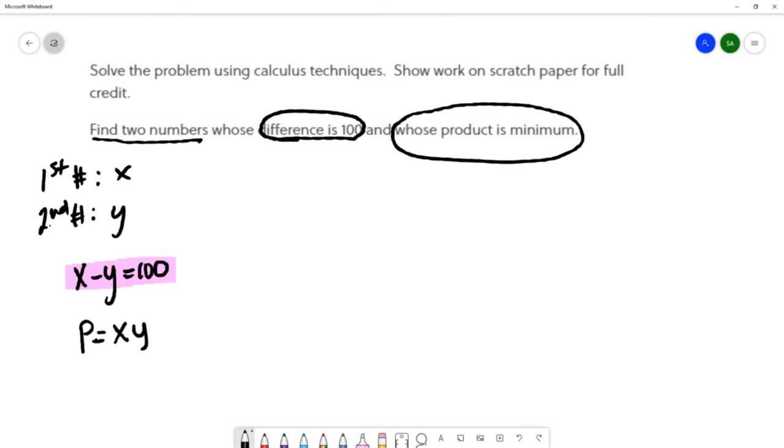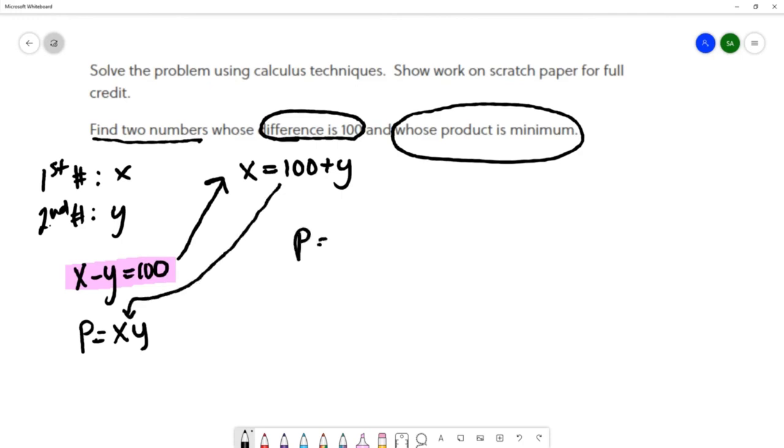So if I rewrite that equation, I can add y to both sides, and it gives the equation x equals 100 plus y. And then I can make a substitution in for x into that product, and that gives me the equation 100 plus y times y.